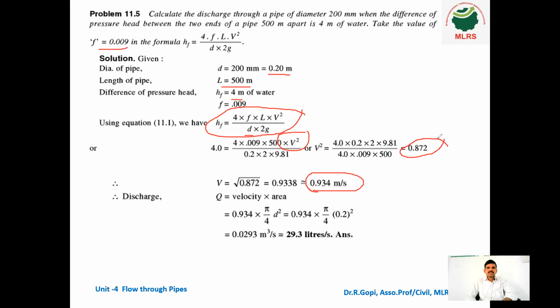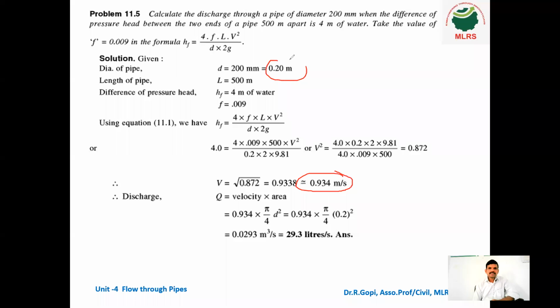Once you have found the velocity, you can easily calculate the discharge. Discharge is equal to velocity into area. Velocity is 0.934 into area, pi by 4 into d square, where d is 0.2 square.